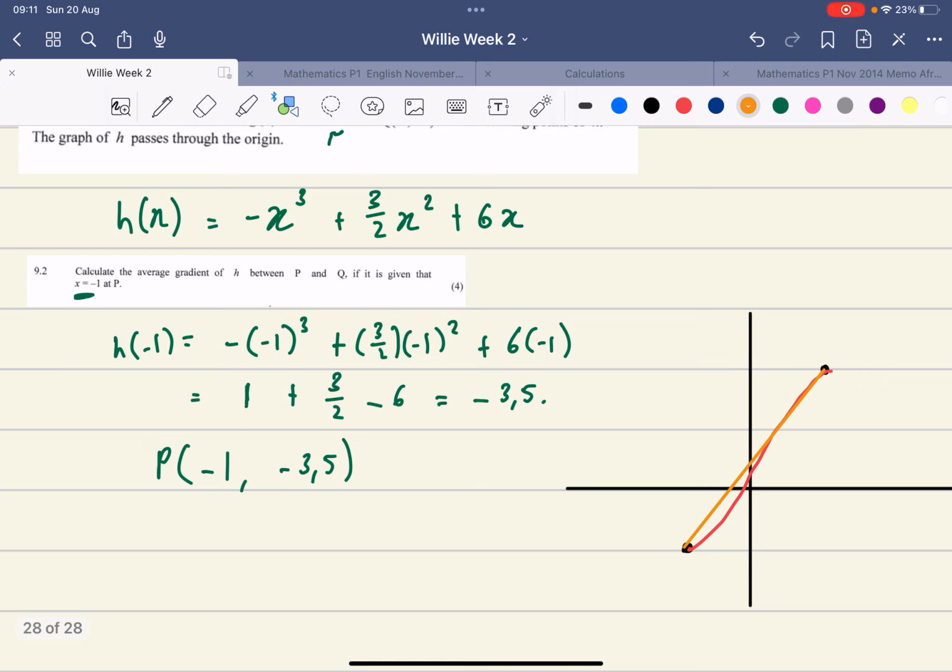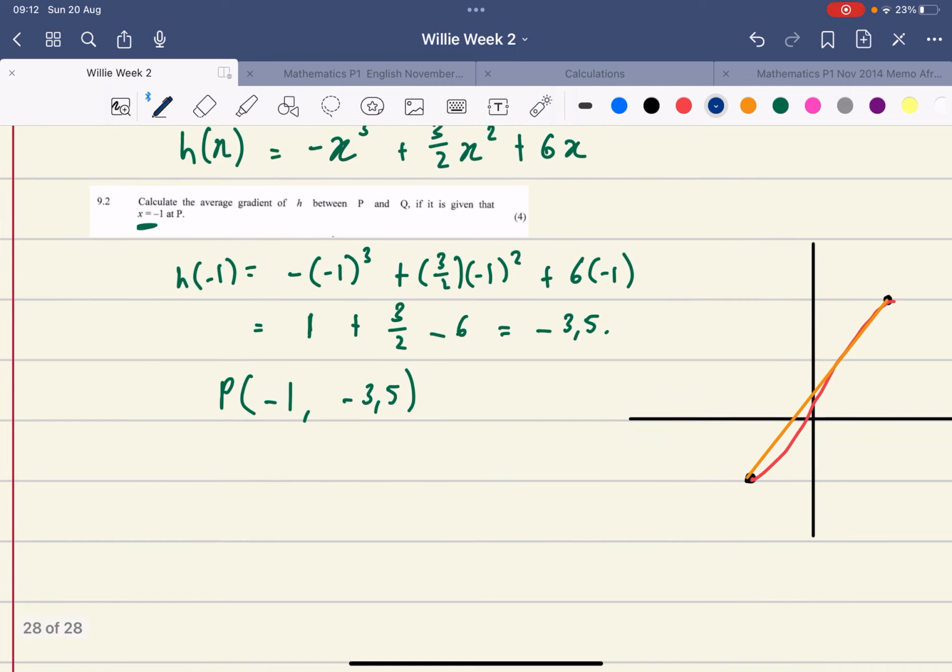And how do we do that? We just use the normal delta y over delta x formula that you use to find the gradient of a straight line.